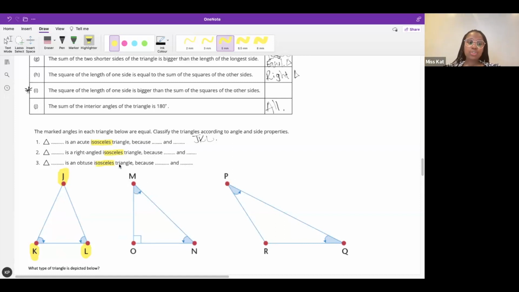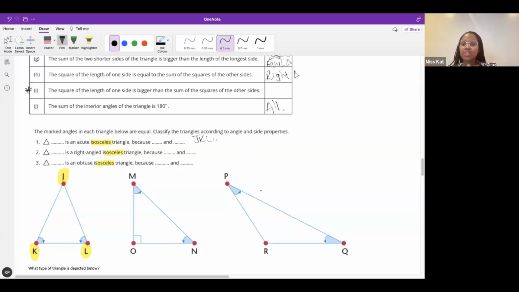But don't all these angles look less than 90 degrees? They look quite small, right? Yes. So then we can assume that JKL is an acute isosceles. So we are combining properties, do you see? Yes.